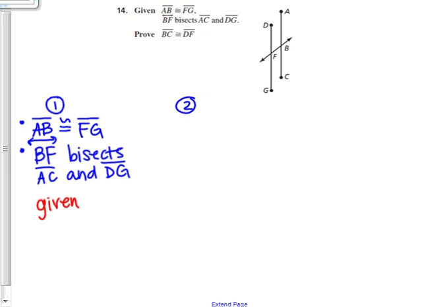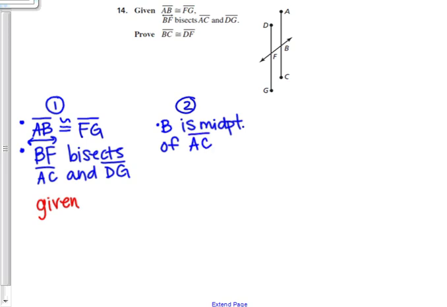So it tells me it's a segment bisector, which means I can say that point B is the midpoint of AC. So I'm going to say that point B is the midpoint. I'm going to say midpoint, M-I-D-P-T, period. Midpoint of segment AC, little segment notation.